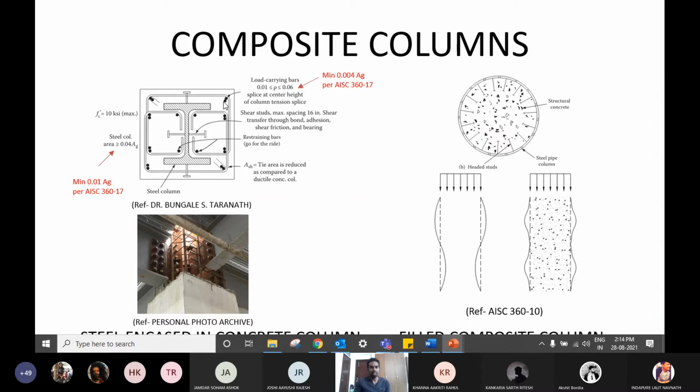In most of the Indian design philosophy, our codes say you need to add some minimal shear studs also, all through the height of the column, for the force transfer to happen. So that's why it's indicated. If your designer would like to add that, they would add it.